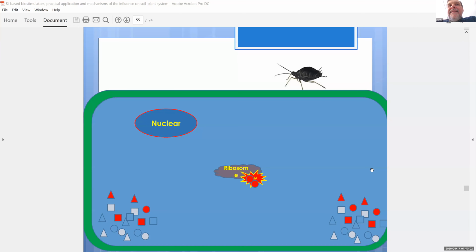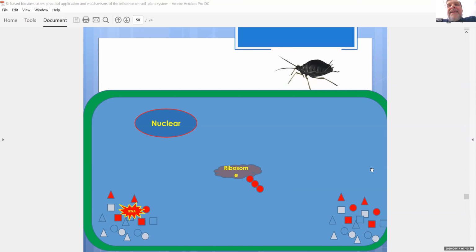Next. Again, next. So when an insect or disease attacks, they have some time for eating the plant. Next. So finally the plant produces these stress proteins. Next.